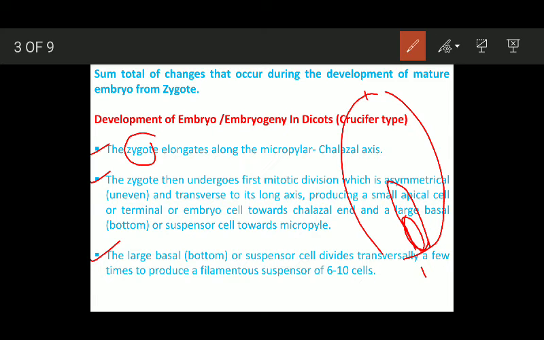It then divides by the first mitotic division, which is asymmetrical, or you can say uneven, and this division is transverse, producing a small apical cell or terminal cell or embryonal cell towards the chalazal end, and a large basal cell or suspensor cell towards the micropyle.